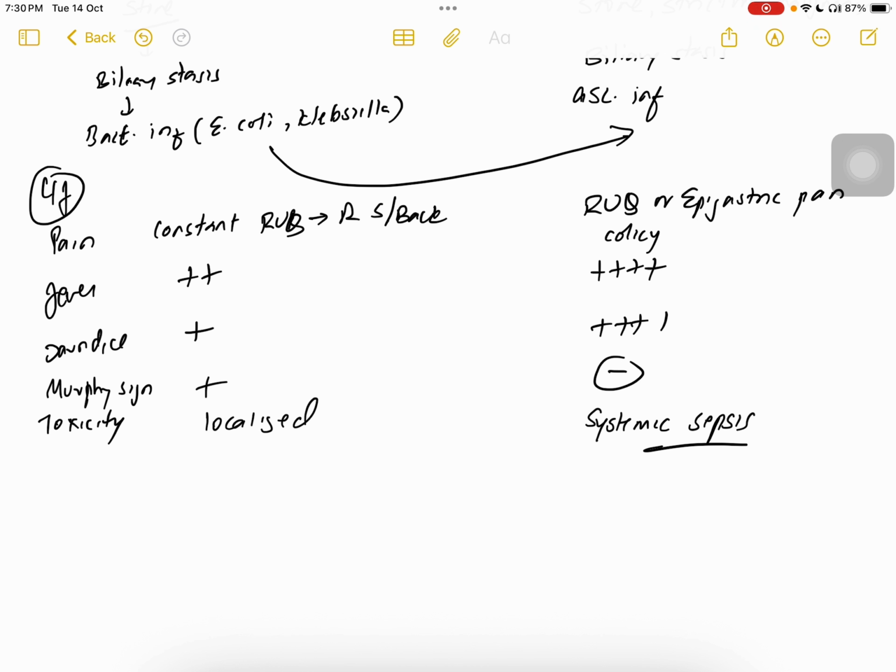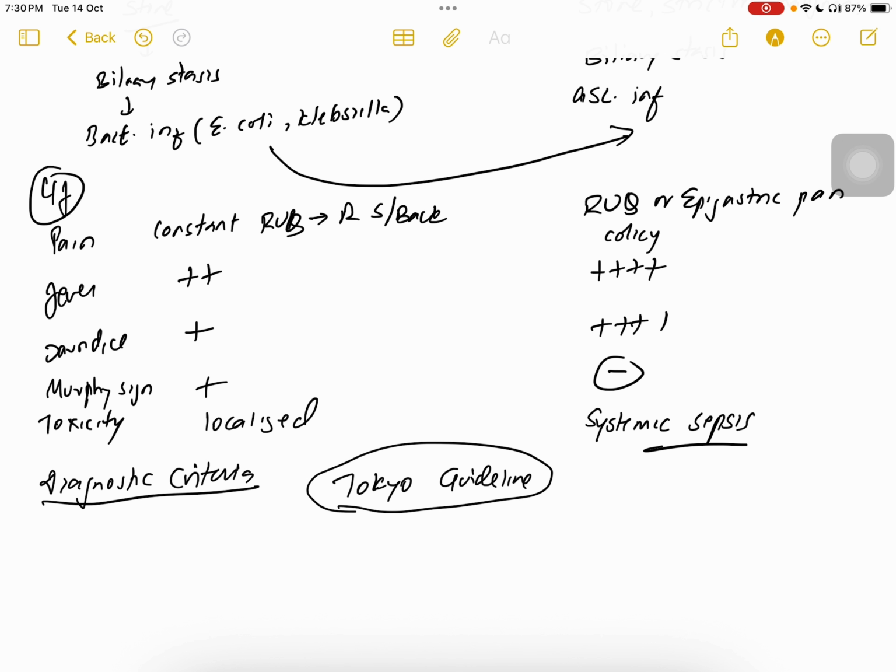For diagnosis there are certain diagnostic criteria. Both of them we diagnose by the Tokyo criteria. The Tokyo guideline is a very famous guideline for acute cholecystitis and acute cholangitis.